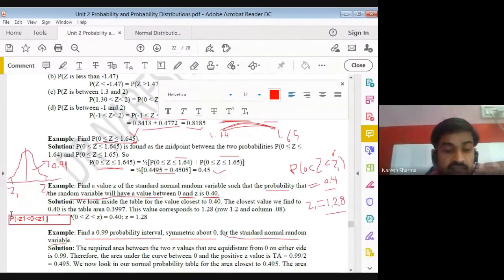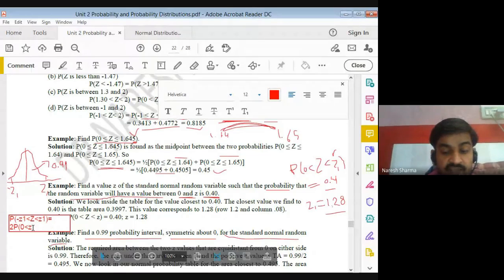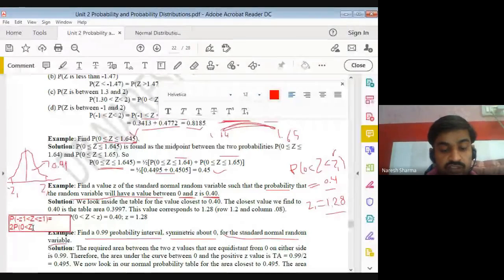So this we needed to calculate, but instead of this we may say it is the same on both sides, so we may say 2 multiplied by the probability from 0 to z1.